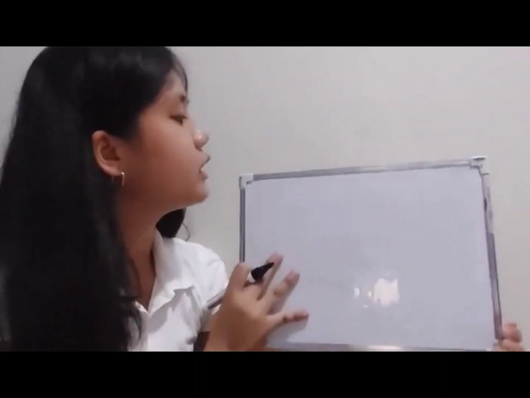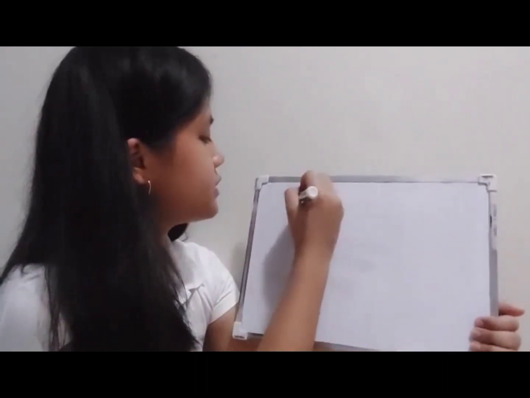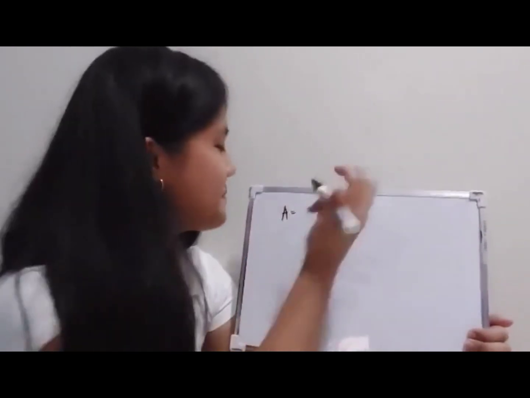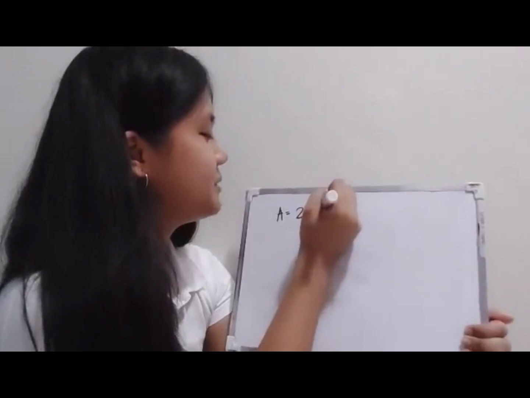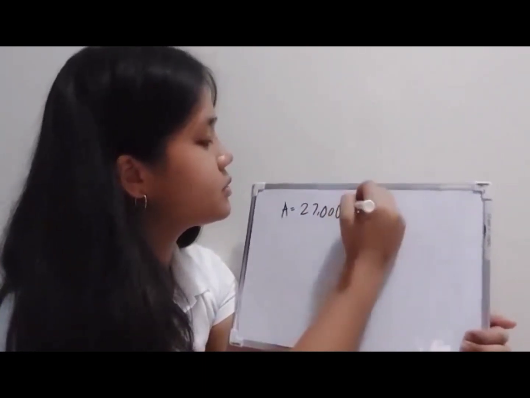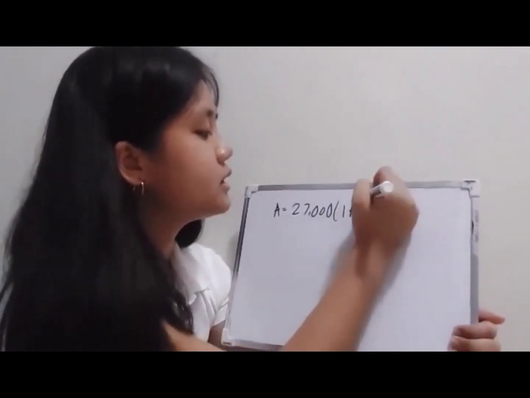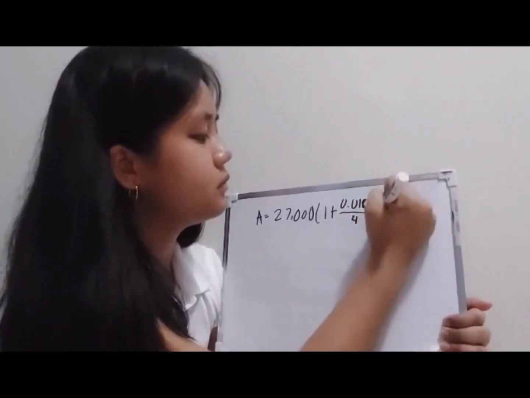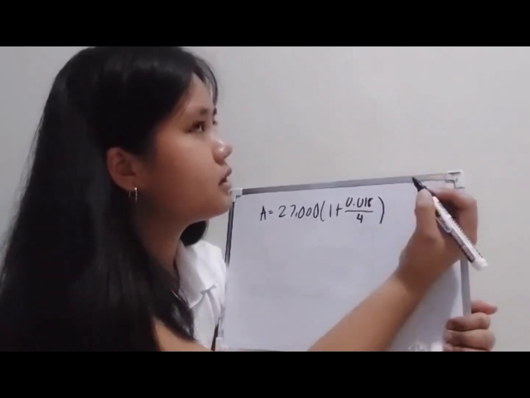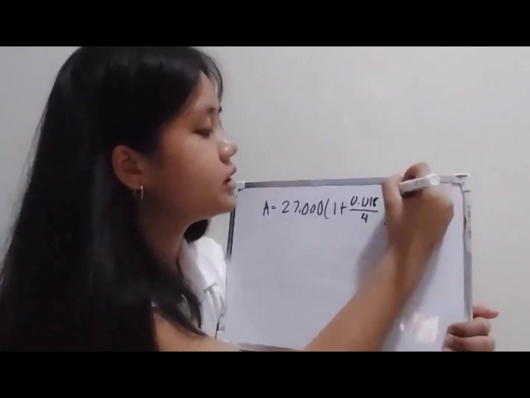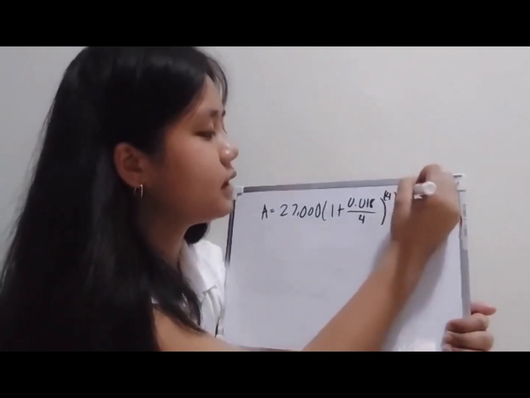To finish solving, we will do what we did earlier. A, which is, by the way, final amount, equals 27,000, which is the letter P, times 1 plus R over M, 0.018 over 4, raised to the power of M times T, which is 4 times 9.